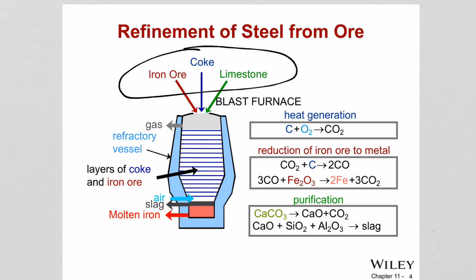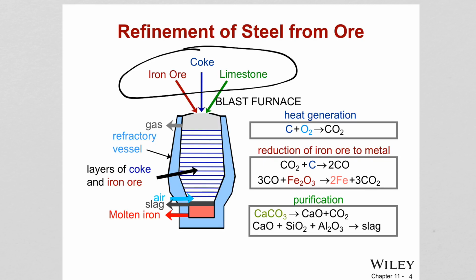We add these ingredients inside, and the limestone reacts with impurities to form the slag. Slag is a layer floating on the molten metal that can be removed from the surface. This way we are able to remove the impurities.